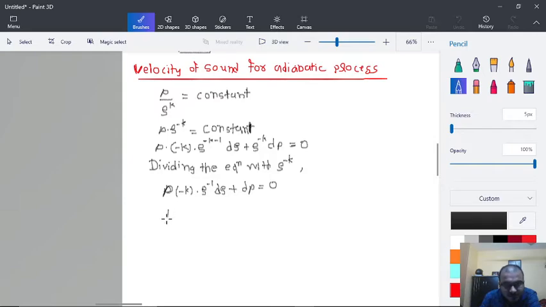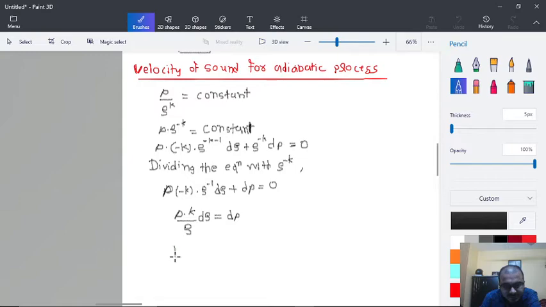So here p into k upon rho into d rho is equal to dp.